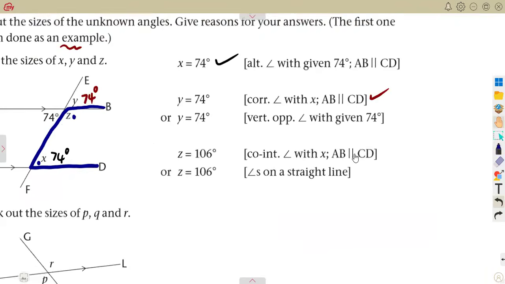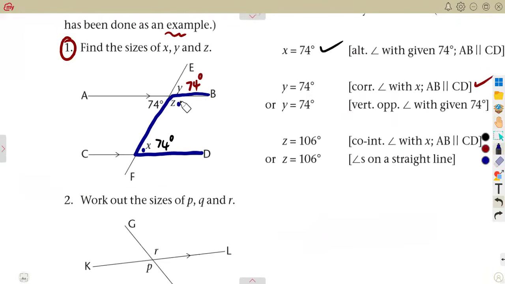So it's up to which part we're going to consider. Is it angles on a straight line? Is it the co-interior angles? If you're using the co-interior angles, it means if you add Z and this 74 degrees, you must obtain 180 degrees because these co-interior angles are supplementary.